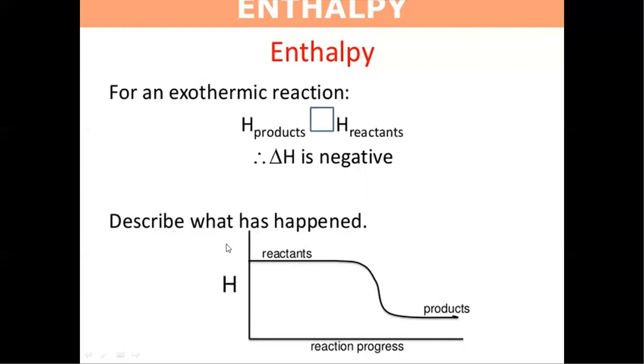The increased chemical energy tries to lose itself, so energy is lost from the system, and after some time this chemical energy decreases, finally forming products. So energy is lost by the system, and that's why this is called an exothermic reaction.